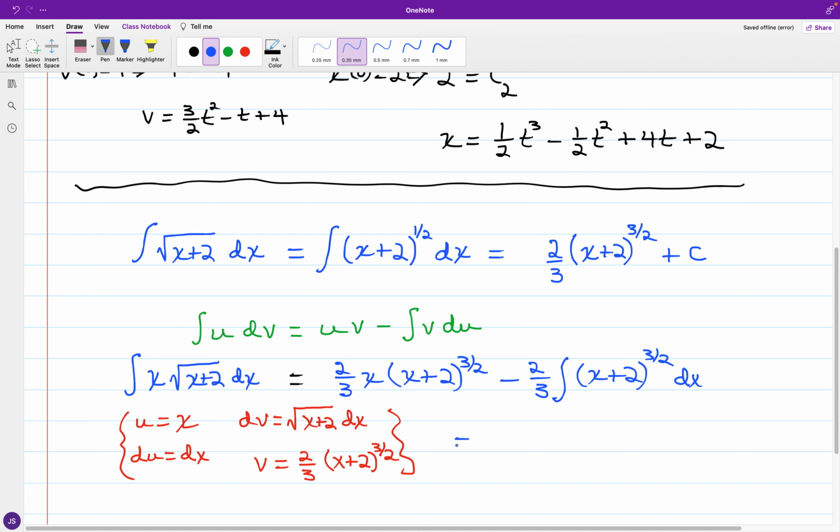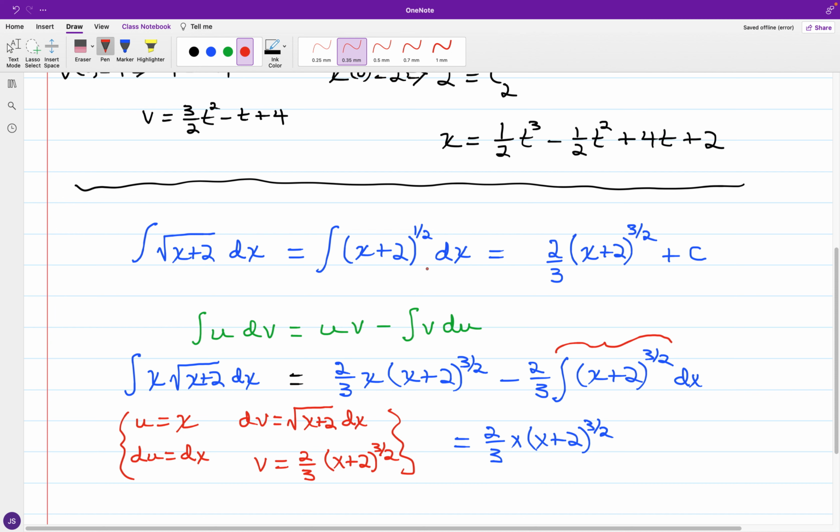Following through, let's write the antiderivative of x plus 2 to the 3 halves.